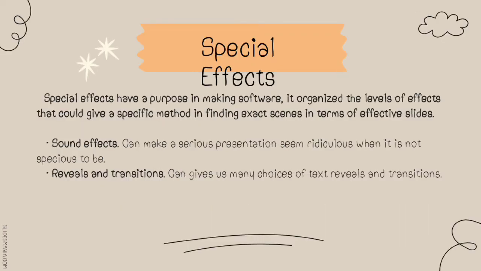So special effects. Special effects have a purpose in making software. It organizes the levels of effects that could give a specific method in finding exact scenes in terms of effective slides. So first, sound effects. Sound effects can make a serious presentation seem ridiculous when it is not meant to be.